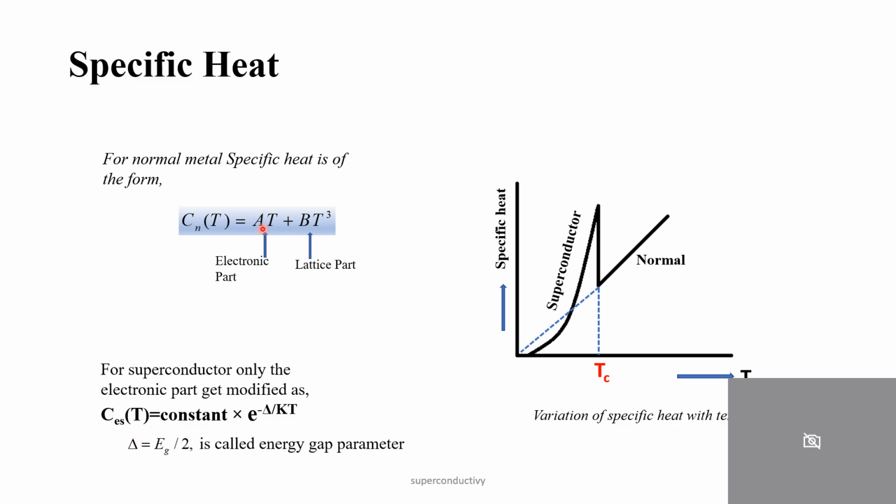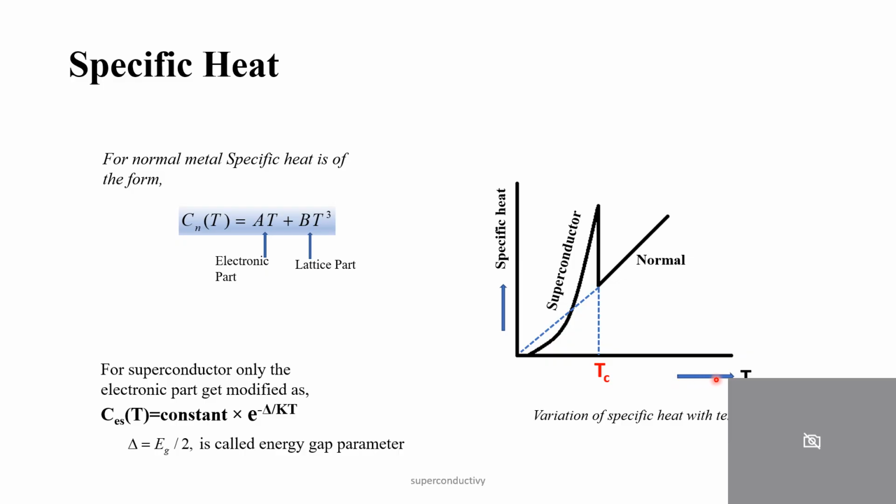That means the first part varies exponentially. And delta is given by Eg by 2. It is called the energy gap parameter, where Eg is the band gap. It is the gap between the lowest excited state and the Fermi level in case of a superconductor.